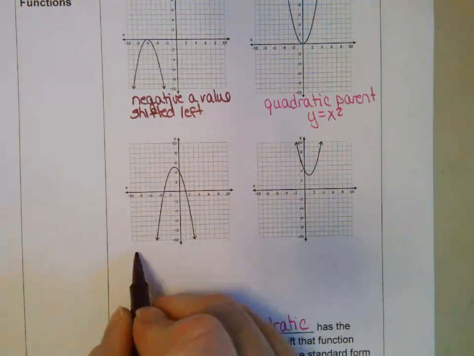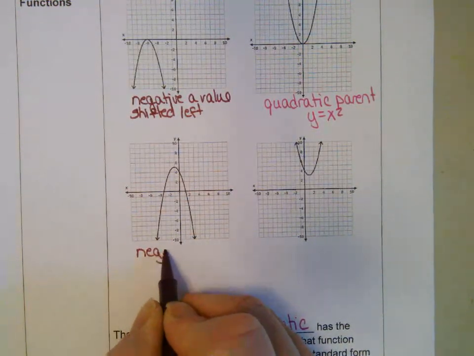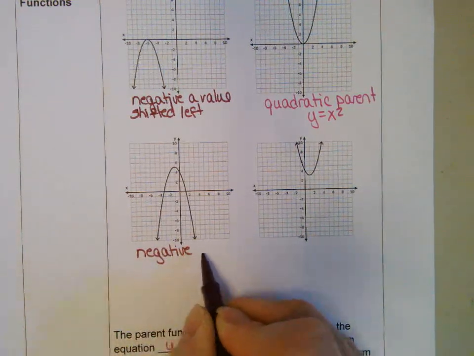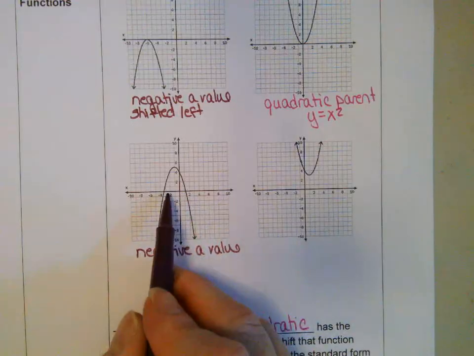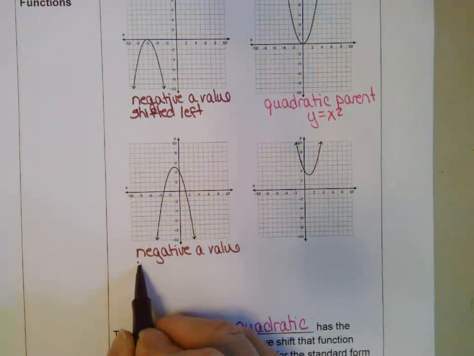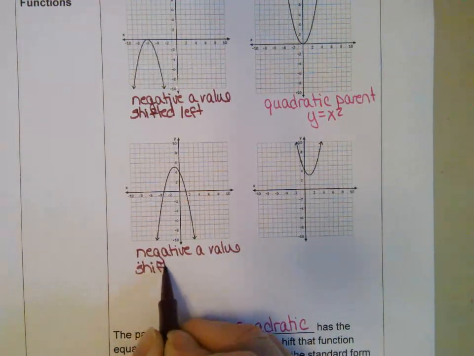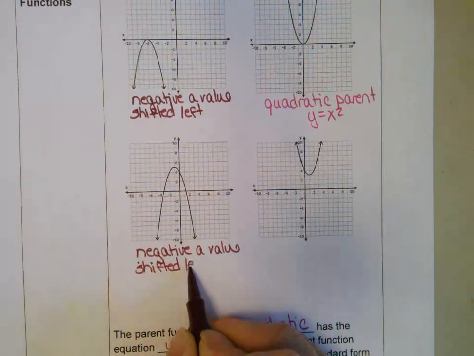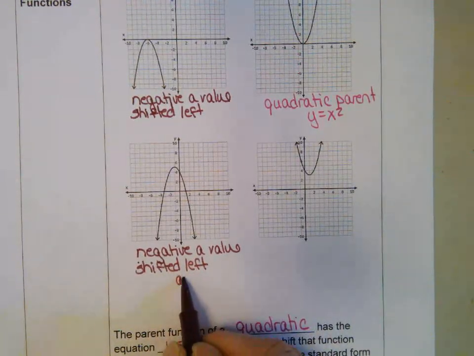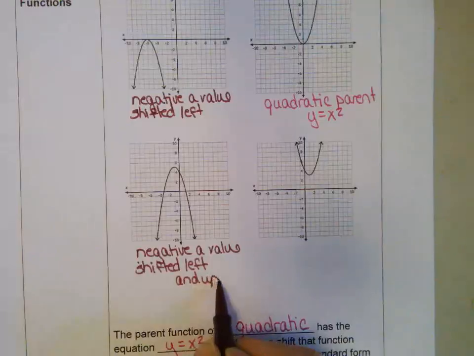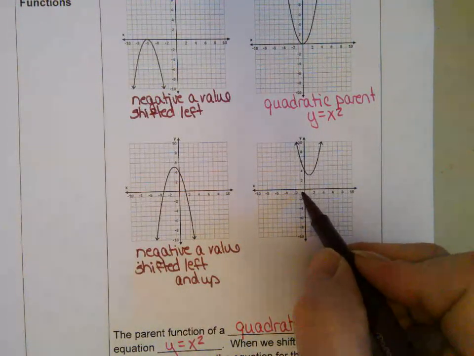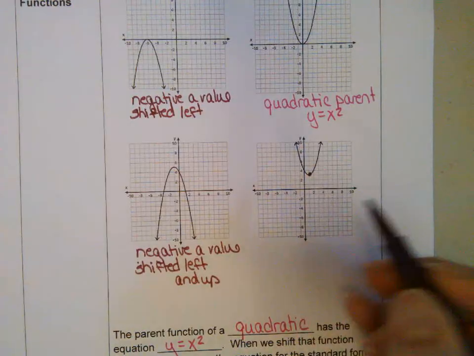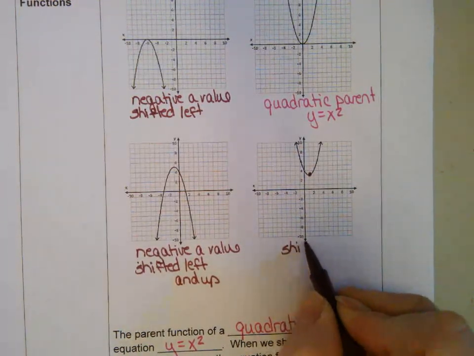Again with a negative a, looks like we went left and up, shifted left and up. This one, a is fine, but we moved to the right and up. So shifted.